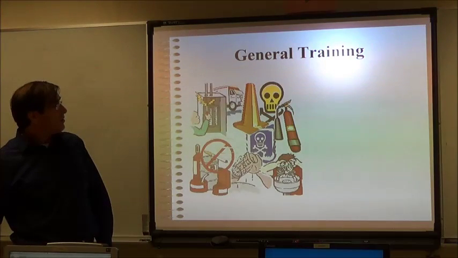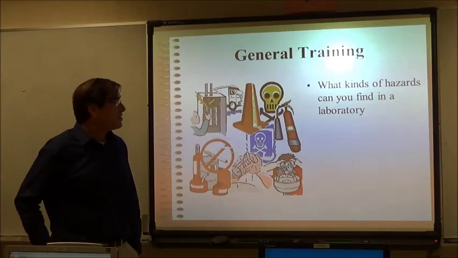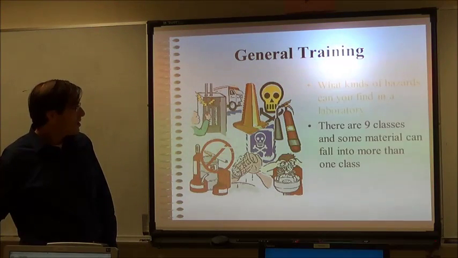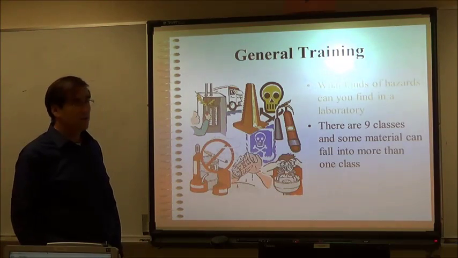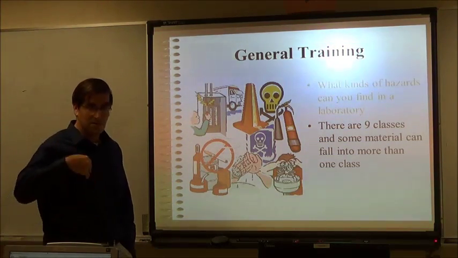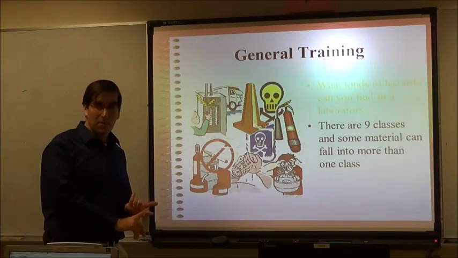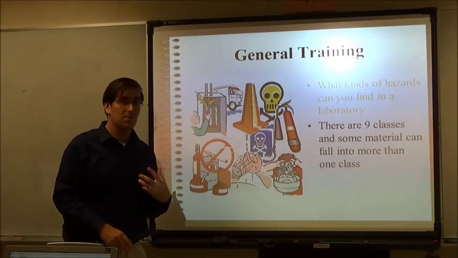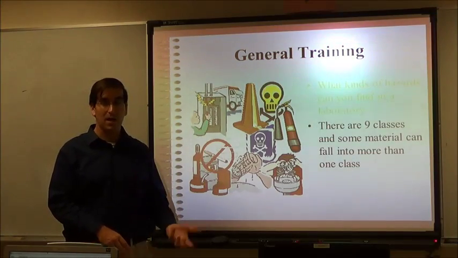So to get started, general training. General training will go over the kinds of hazards that are present in the laboratory space. And by hazards, there are 9 different classes. Some materials can fall into more than one class. As you're going to find out from this talk, there are hazards such as flammables, corrosives, oxidizers, and it doesn't mean that just because something is marked as flammable that it's not, say, corrosive or not toxic.